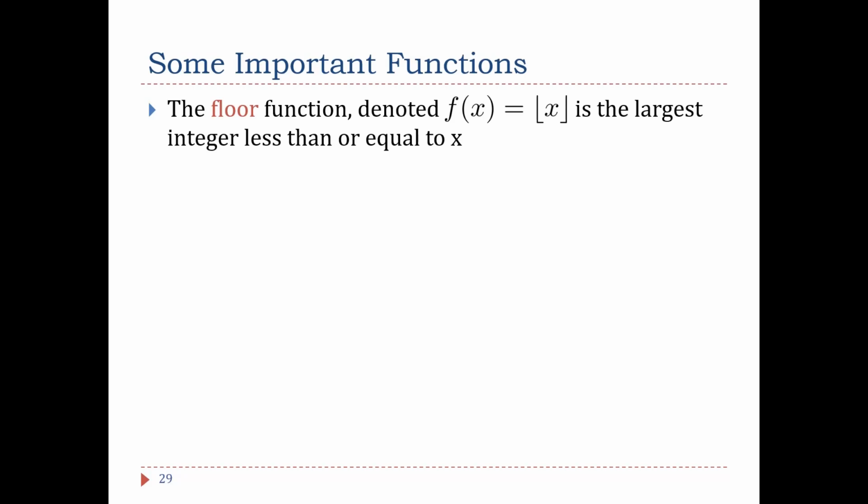Good. We end the discussion of this part with a few particular functions, such as the floor function, the ceiling function, the factorial, and the piecewise functions. The floor function, denoted by f of x equal to floor of x, is the largest integer less than or equal to x.